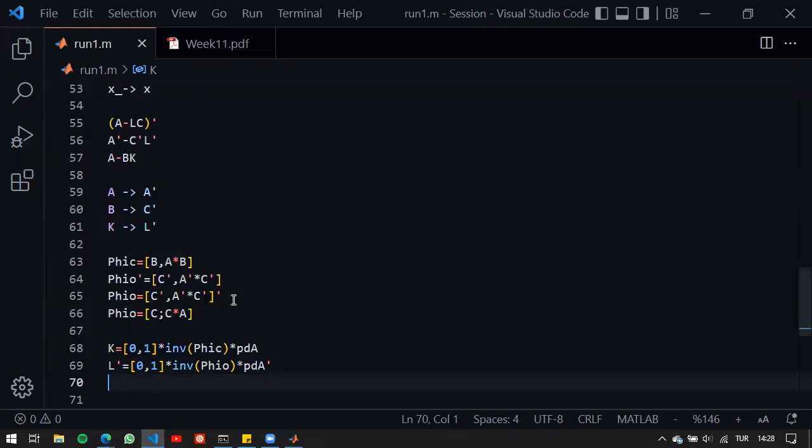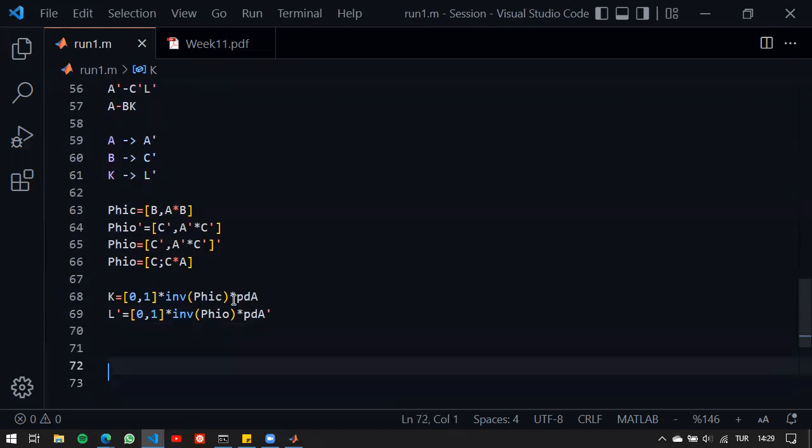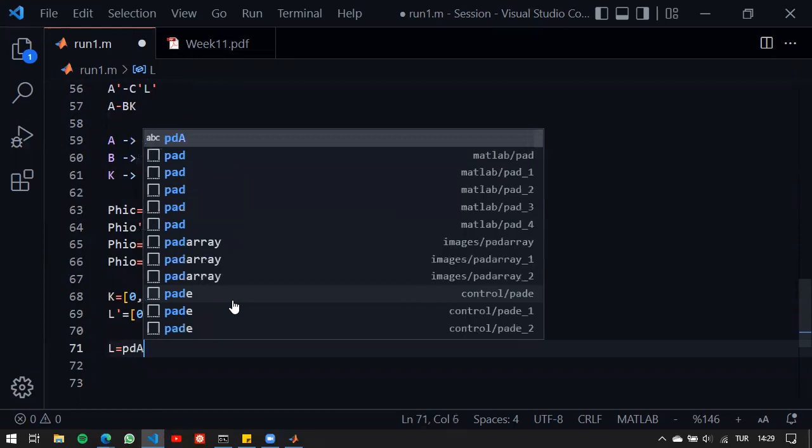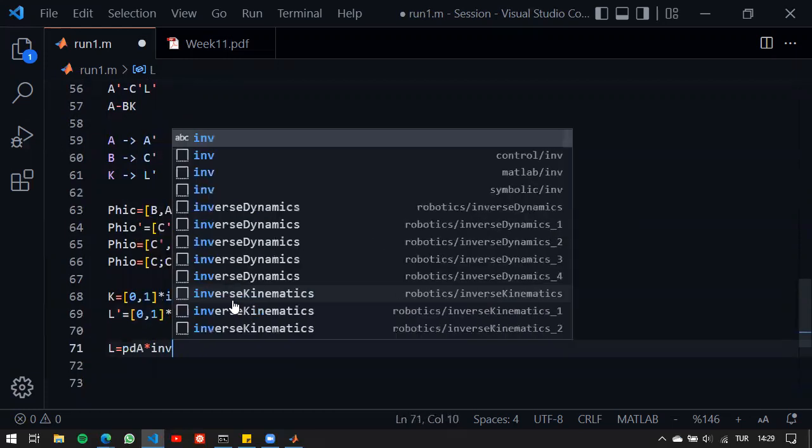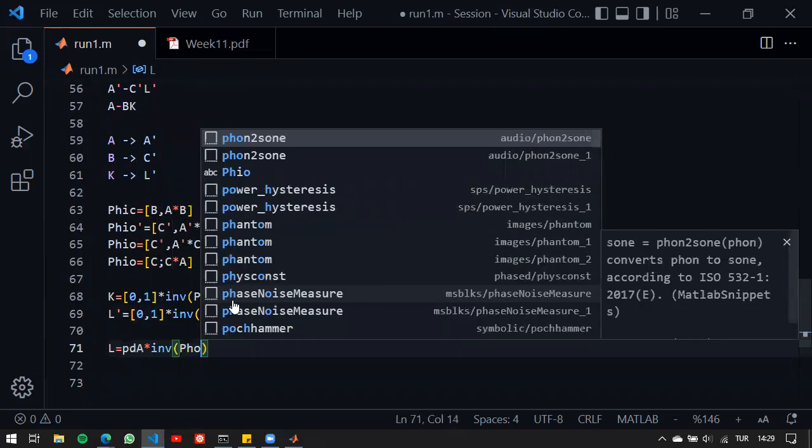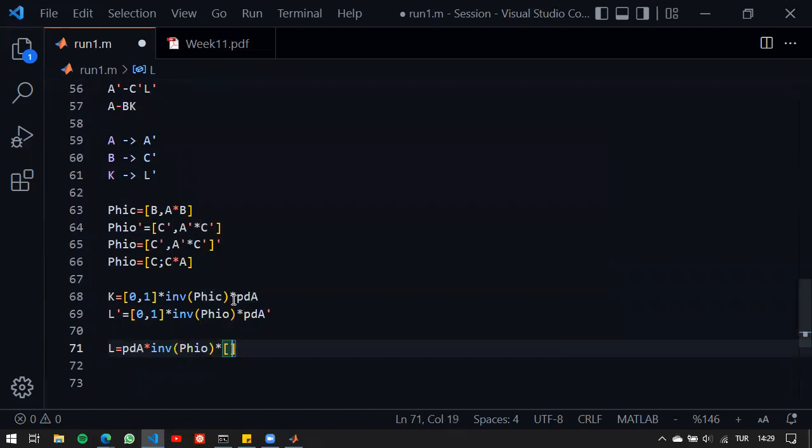But PDA transpose is the same as PDA. It doesn't really change. Therefore, you can use this formula, or you can carry out this transpose here and use PDA times the inverse of phi O times this times 0, 1.